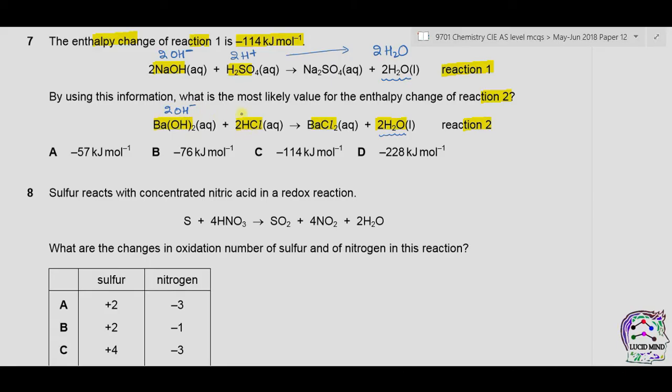Now 2 moles of HCl are present, so the number of moles of H plus will be 2, and it combines to form 2 moles of water. So the ionic equation is exactly similar in both, and therefore the energy change will also be the same. Reaction 2 will also show negative 114 kilojoules per mole energy change.